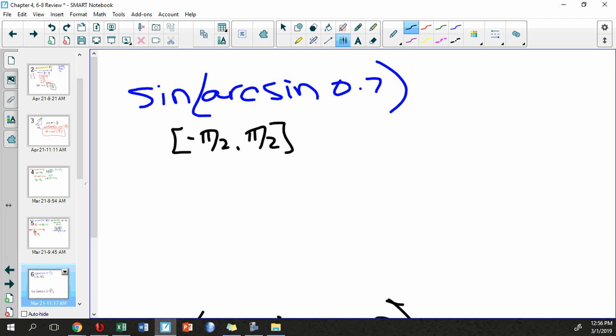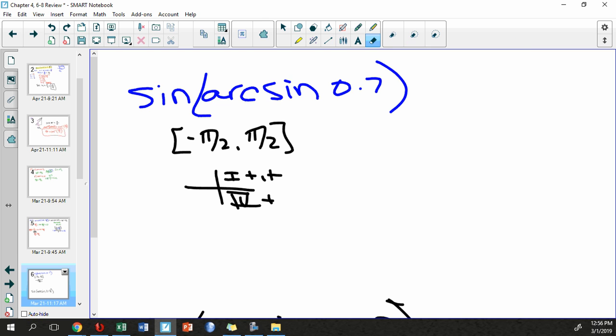So with that being said, -pi over 2 to positive pi over 2, that's going to put me in quadrants 1, plus plus, and 4, plus minus, sorry. Correct? Now, here's the problem.